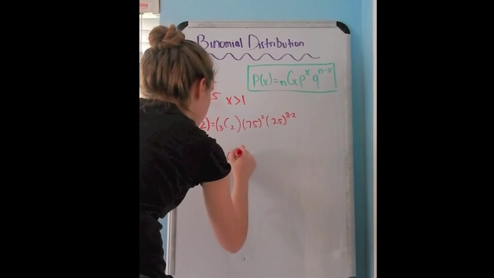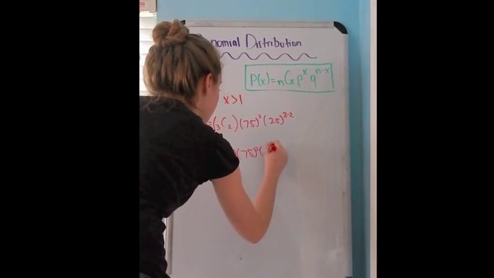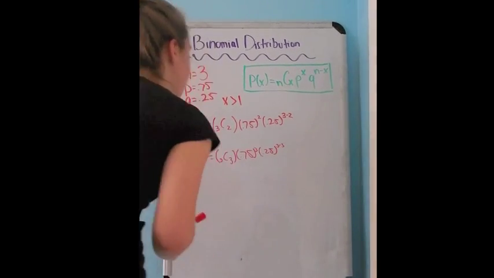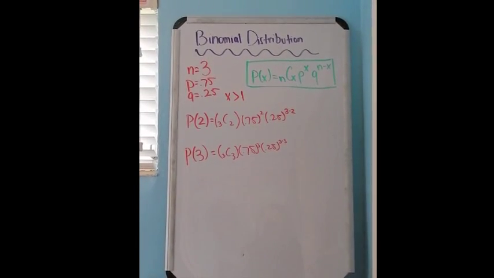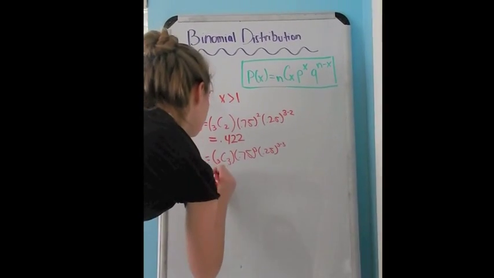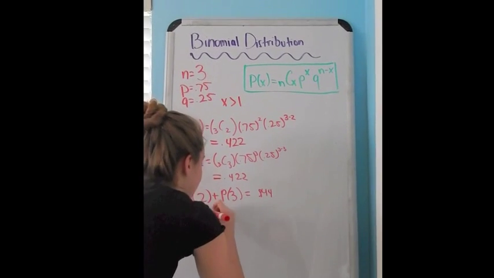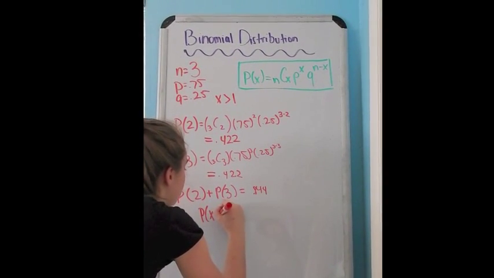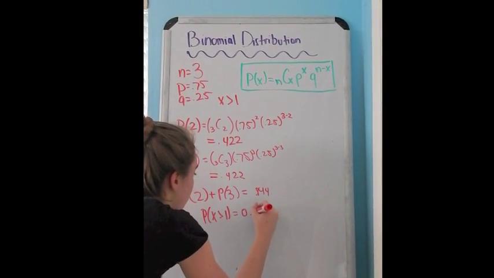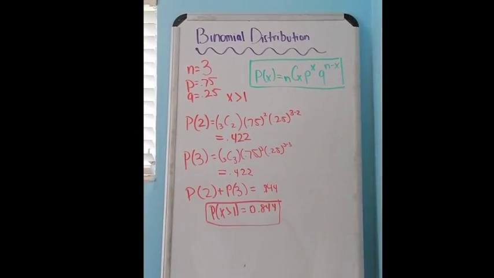And for 3 students passing, it's 3 combination 3, 0.75 to the third power, and 0.25 to the 0 power. Add the sums, which are 0.422 and 0.422 together, to get a total of 0.844. Thus, the probability of more than one student passing the driving test on their first try is equal to 0.844.